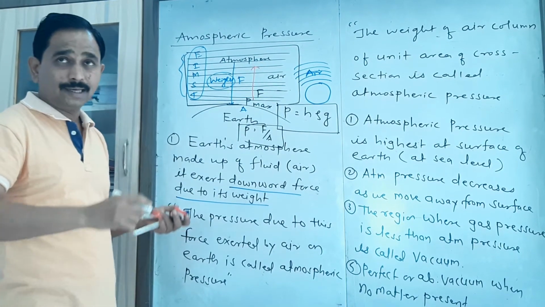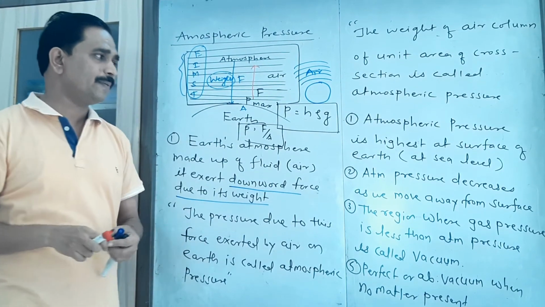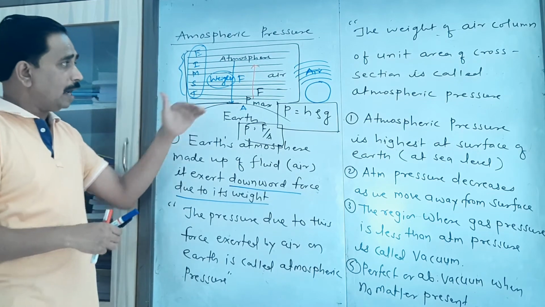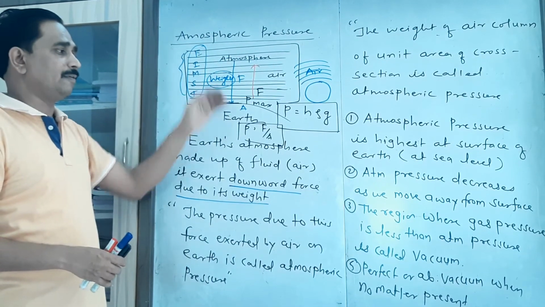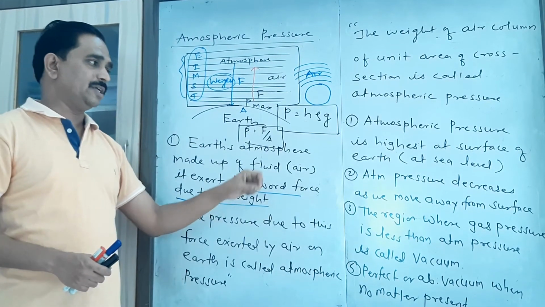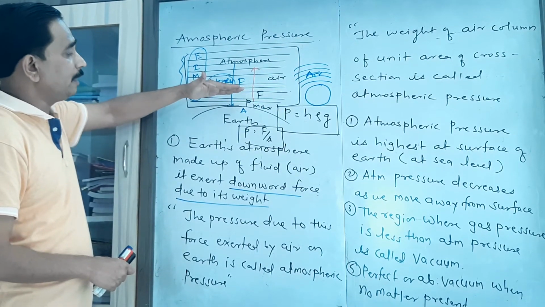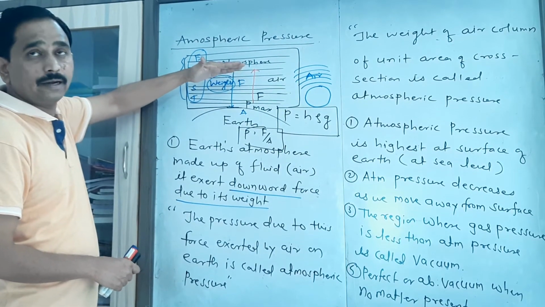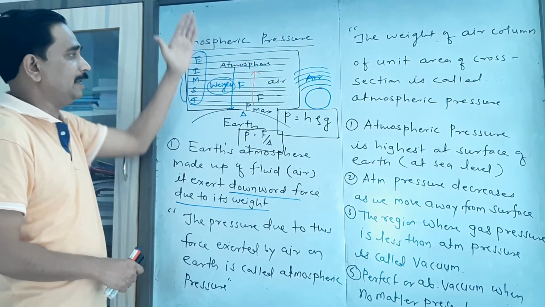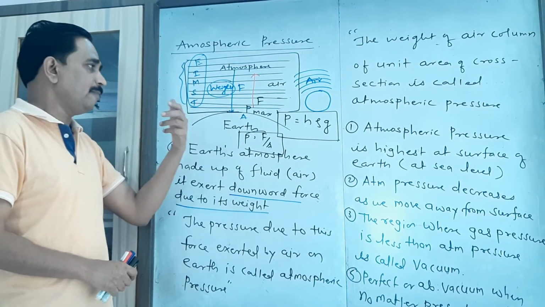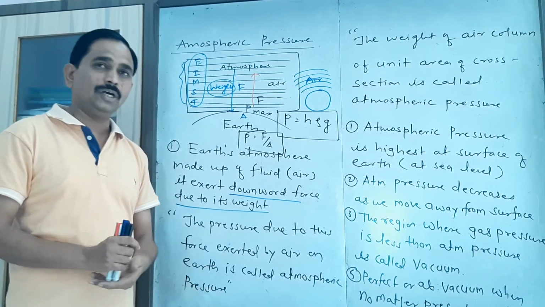Then as we move away from the earth's surface, what is the effect on the atmospheric pressure? As we move away from the earth's surface, atmospheric pressure decreases. Why? Because the weight of the different layers of air decreases. It means the force decreases, and if force decreases, then pressure decreases.